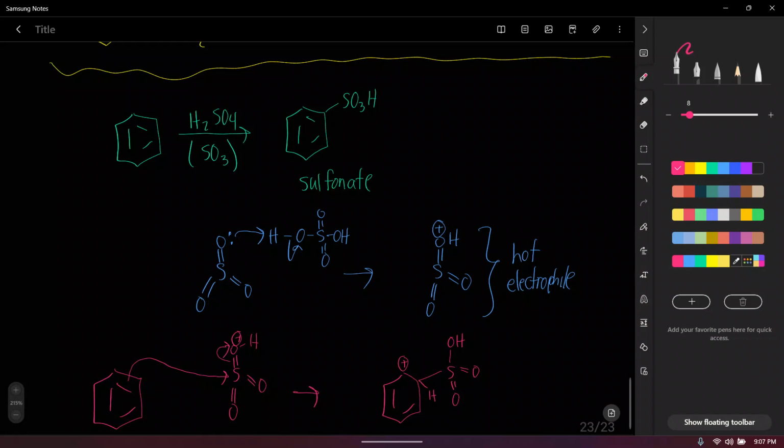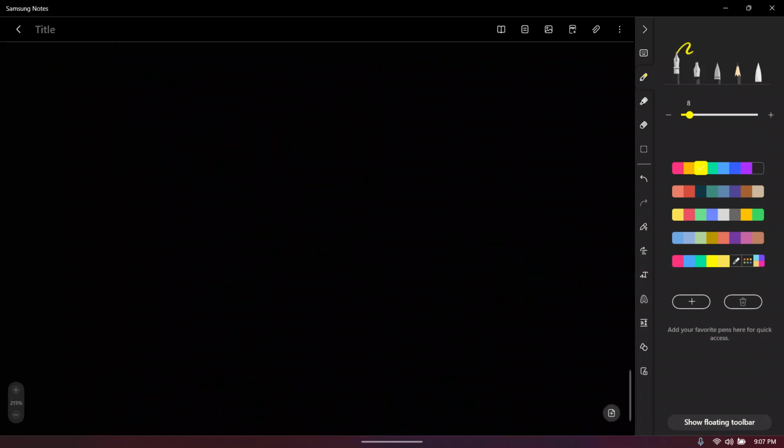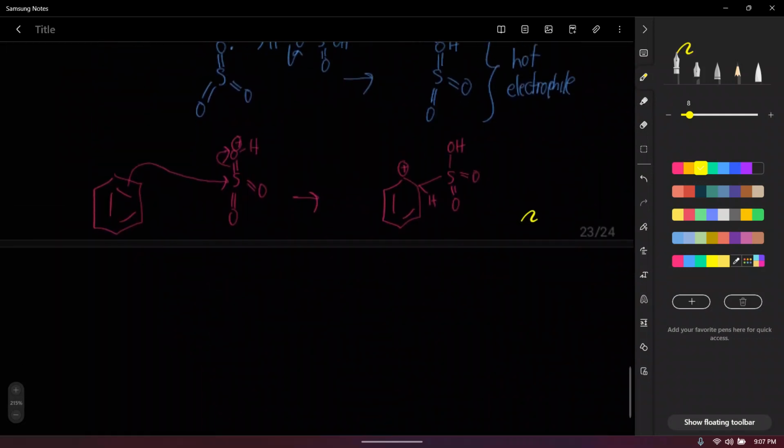Alright. And then last, but certainly not least, the final step is to deprotonate to restore aromaticity, and coincidentally, you're going to restore the catalyst. So the sulfate anion that I generated will reform sulfuric acid. So that the final molecule is, of course, SO3H. Okay?